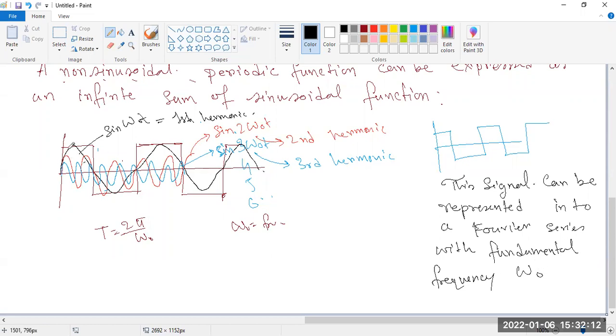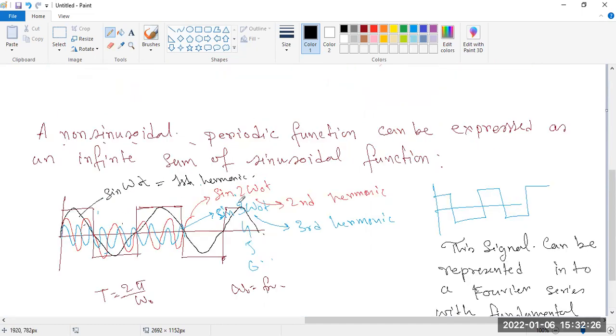Look, this signal is represented in Fourier series by this fundamental frequency, that is omega 0. This is the main statement of the Fourier series: any non-sinusoidal periodic function can be expressed as an infinite sum of sinusoidal functions.